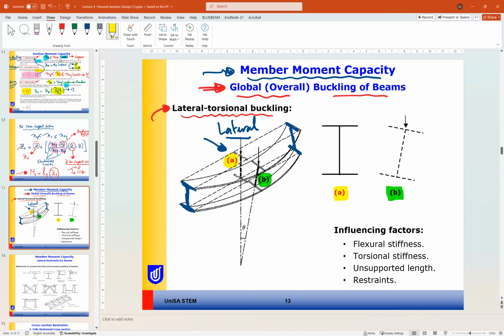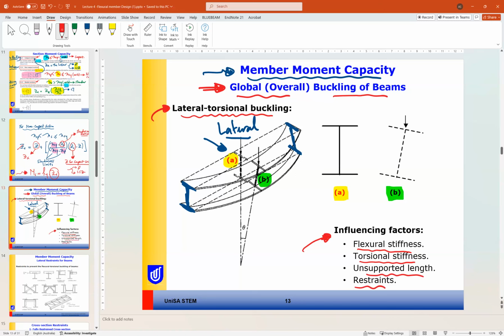This will affect the moment capacity of the beam because the beam has already started buckling. The factors that influence the lateral torsional buckling behavior, or the global buckling behavior, are the flexural stiffness of the beam, the torsional stiffness of the beam, the unsupported length of the beam, and the restraint.